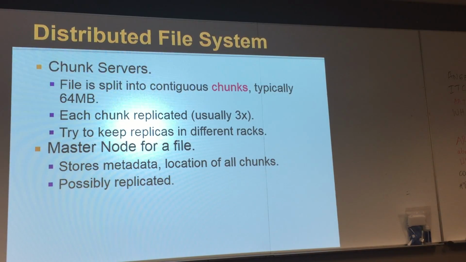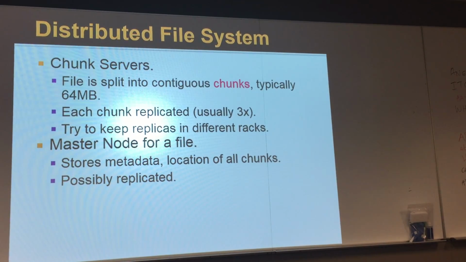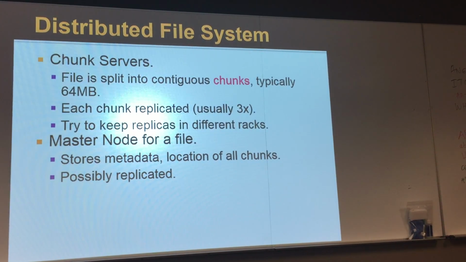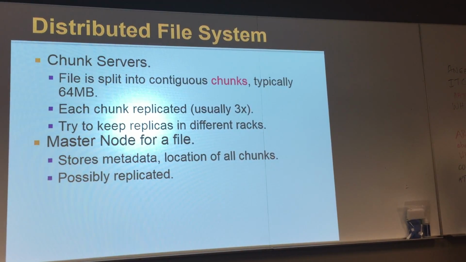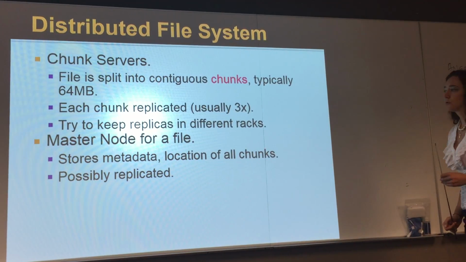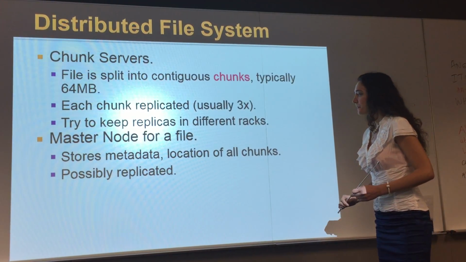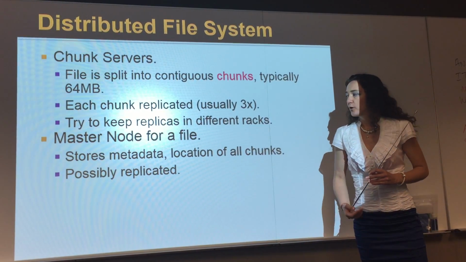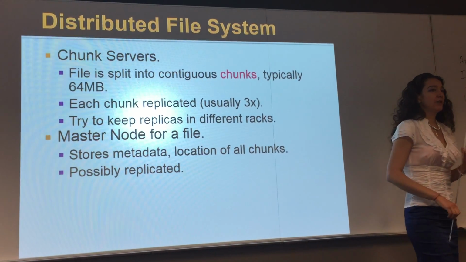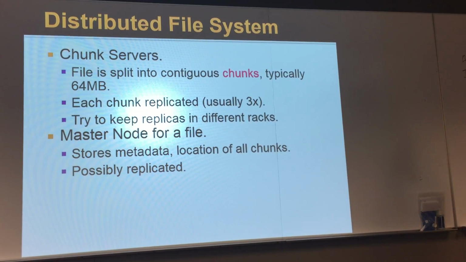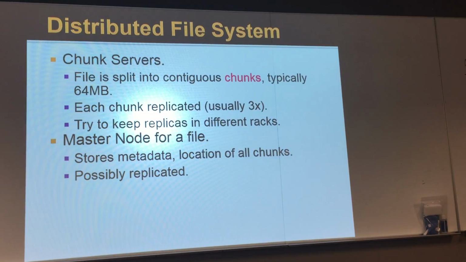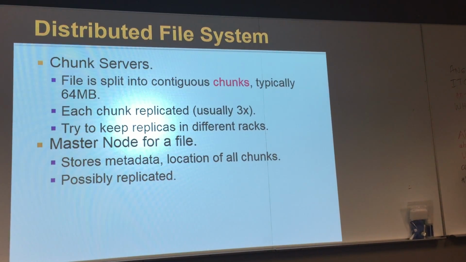The master node for the file will store the information about the file, such as the name of the file, the size of the file, who is the owner, when it was last modified, and things like this. And it also contains a record of which is the first and the last piece of this file, and where all the pieces are located.